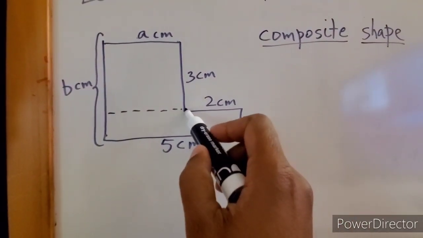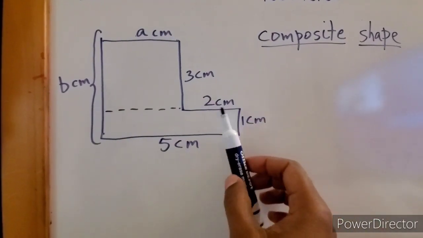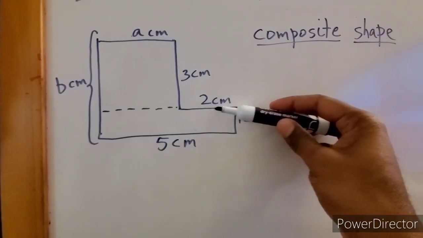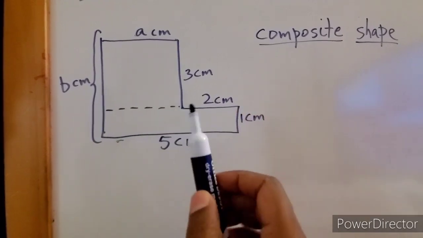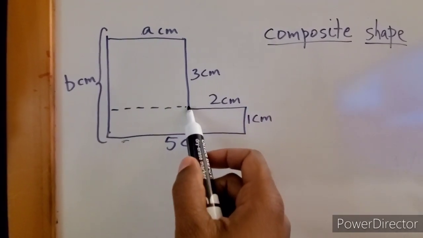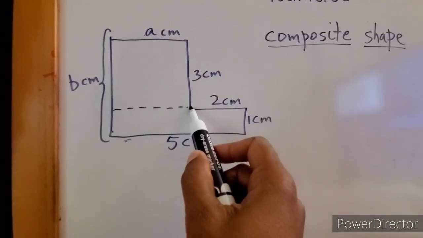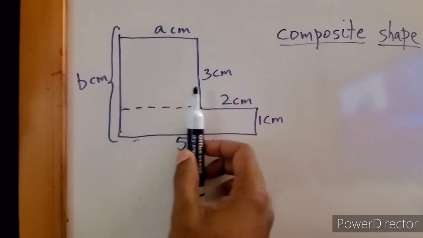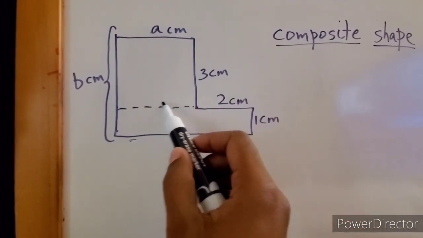From here to here is 2 centimeters. So we actually know part of it. Here to here is 2 centimeters. And if the entire portion here is 5 centimeters, what would be from here to here? If from here to here, plus this side, will give you 5 centimeters, then this is 2, so therefore this must be 3.